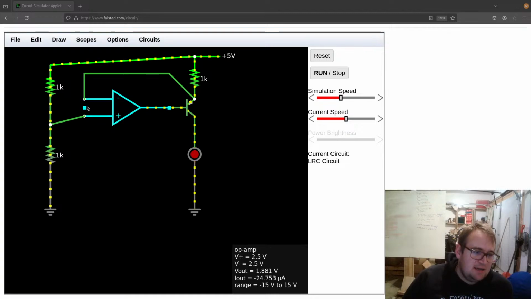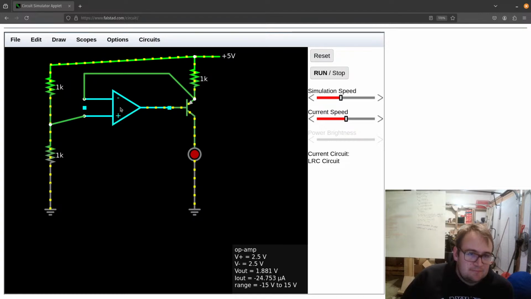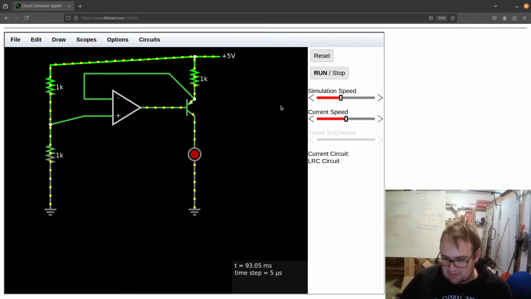It will try to do its best to get there, but most op amps do have a bias, a voltage offset. It's usually in the microvolts, but it is there. It's just something to keep in mind.